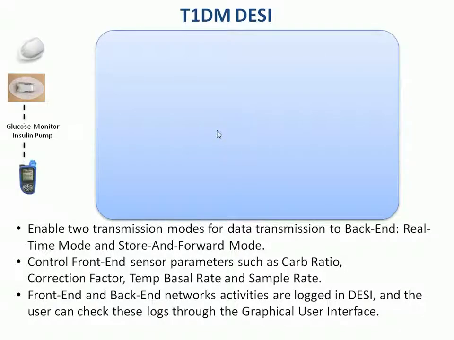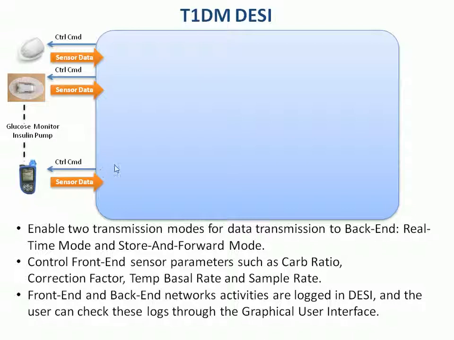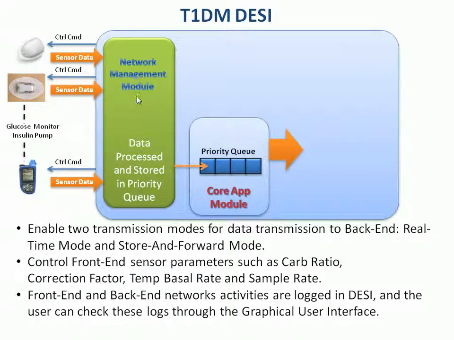So here at the front end, we can have a blood glucose monitor or insulin pump. They send the data to our DESI here, and a thread processes the data and puts it in a priority queue.